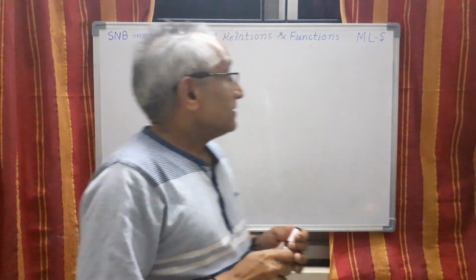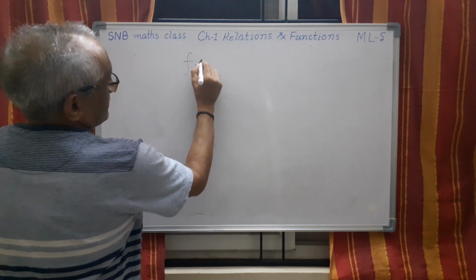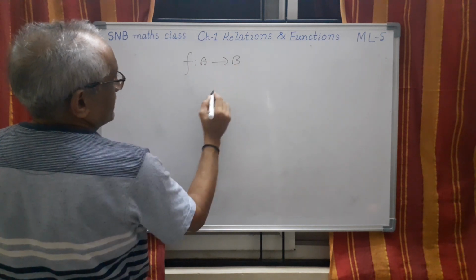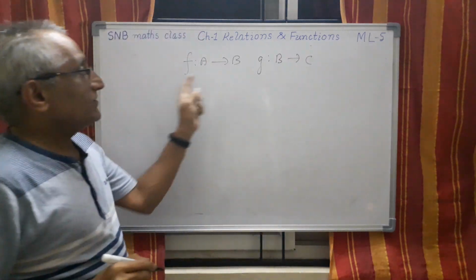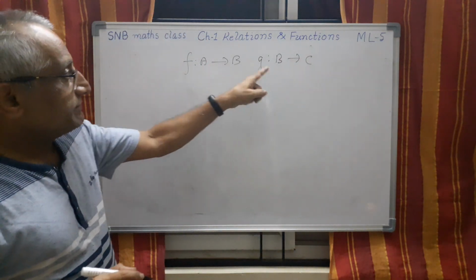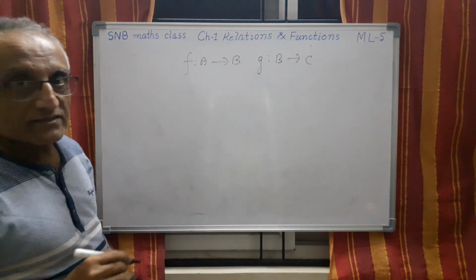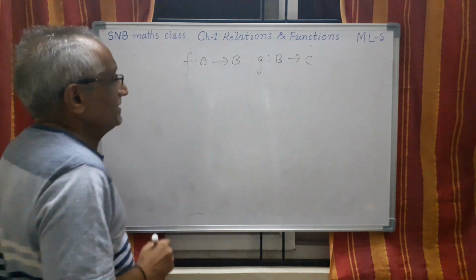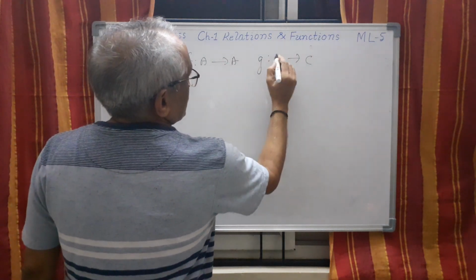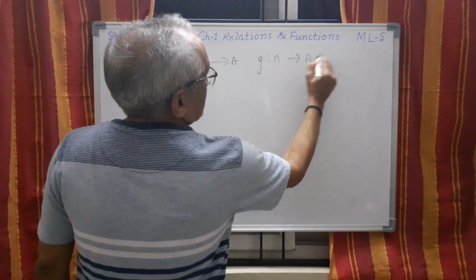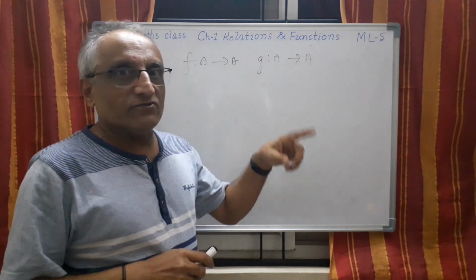Second, when the domain and codomain are different, if f is from A to B and g is from B to C, then only you can define g of f. Similarly, if everything is A to A, then no problem. You can find both f of g and g of f.